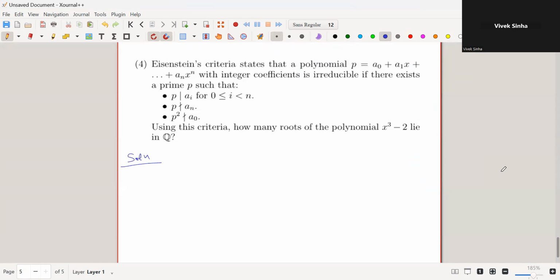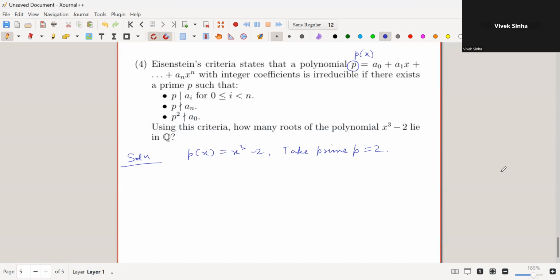Okay, so this we have already seen in question number 2 itself. But let's again see this. So we have here p(x) to be x cube minus 2. So we can take prime p equal to 2. There is a very bad notation thing here. Instead of p, it should be p(x).